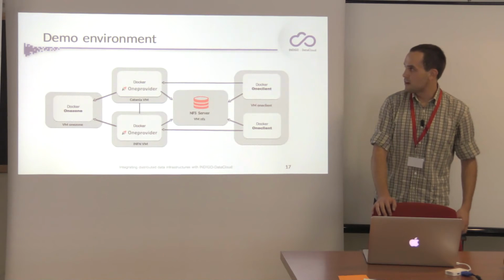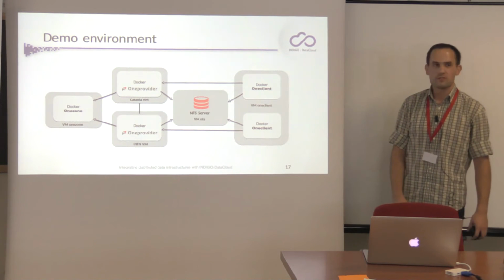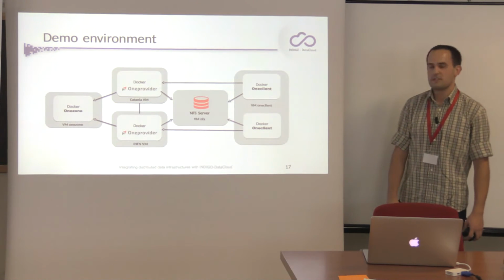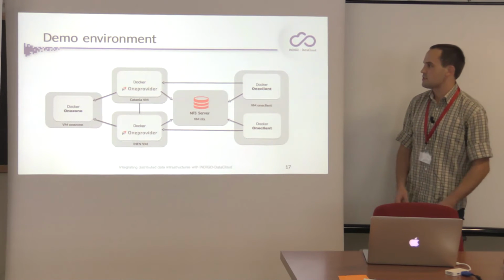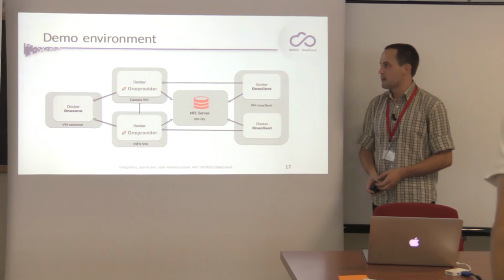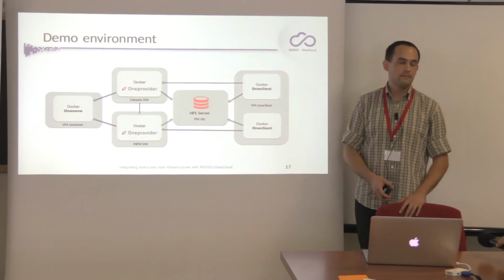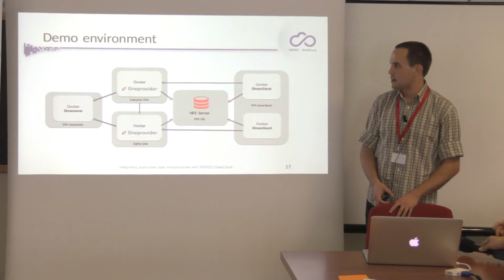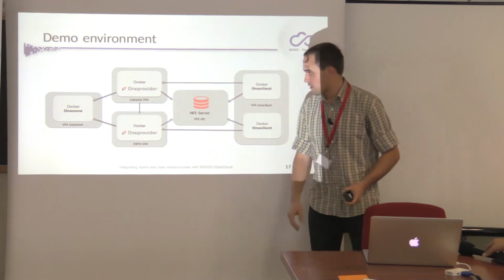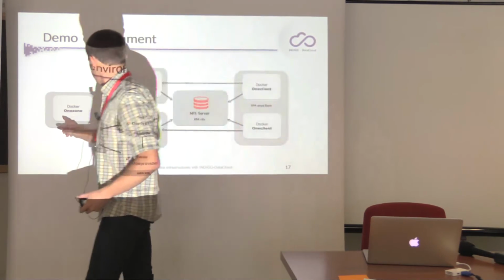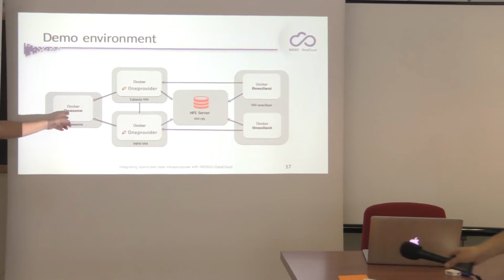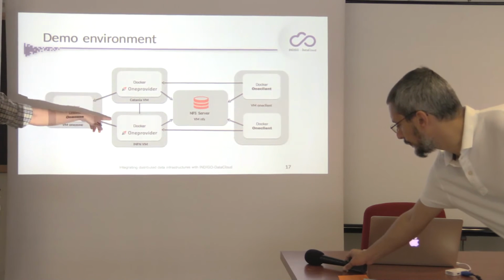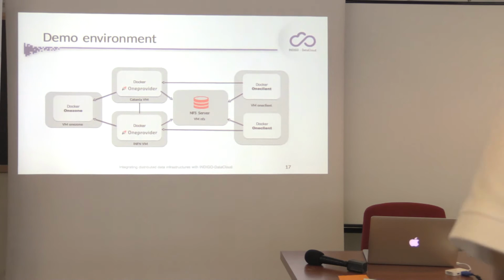So we've prepared a demo environment which consists of 5 virtual machines. Each virtual machine has a public IP address. In 4 of them, there are OneData components deployed in Dockers. So we've got here one zone. We've also got 2 providers running on 2 other virtual machines.